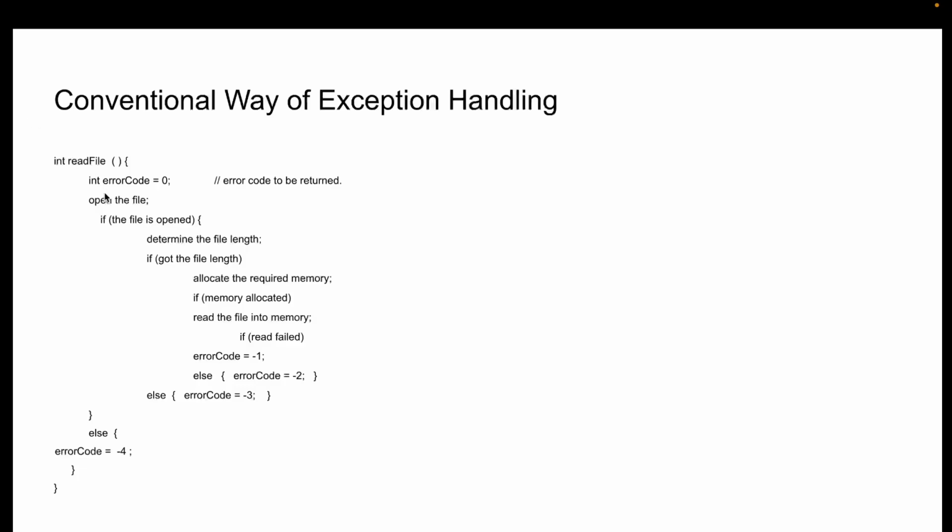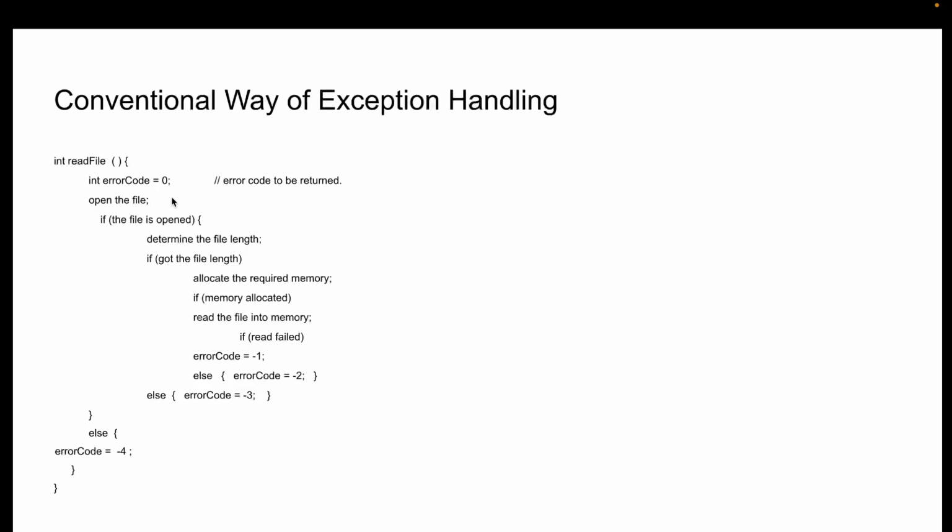What we are doing is having a variable error code, and initially we are initializing it with a value of 0. We'll update this variable as we go through the program. We are opening the file. For opening the file there will be some Java code written, but we are not concerned with the Java code.